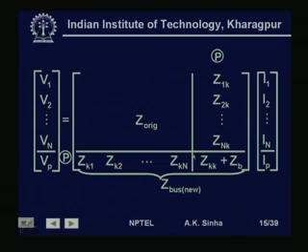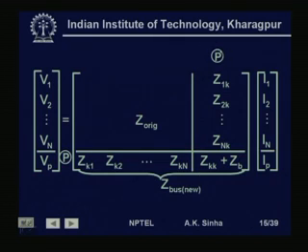So the n plus 1th row and column term, that is Zn+1,n+1 term, will be Zkk plus Zb, and the n plus 1th row will be nothing but the kth row of this original Z bus matrix. So this is how this gets modified.